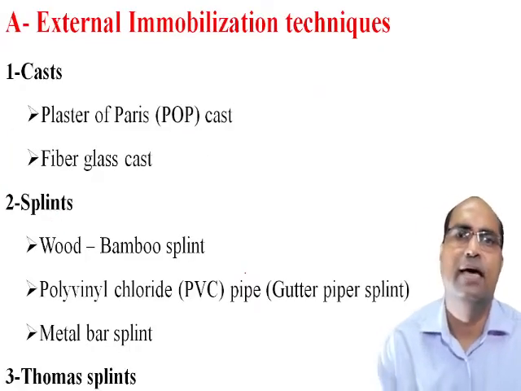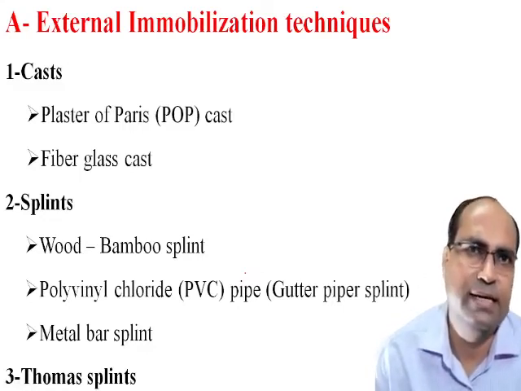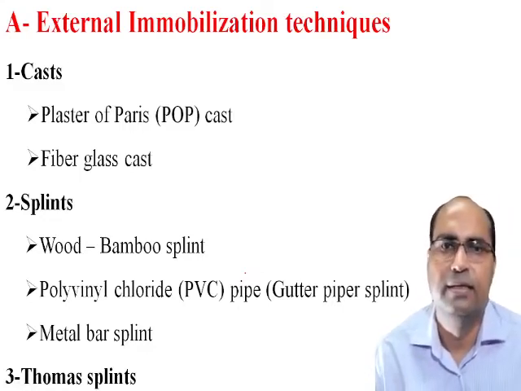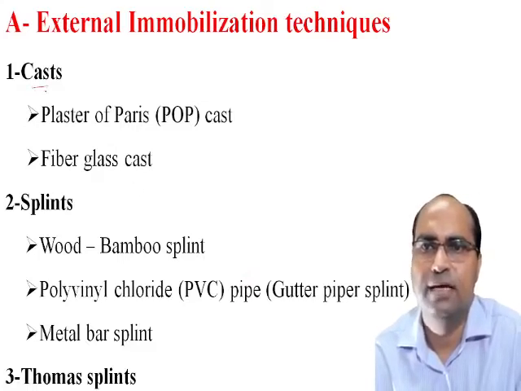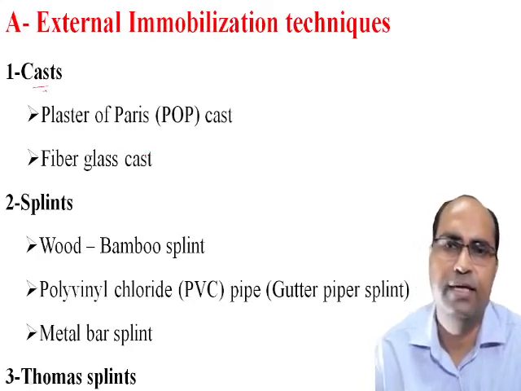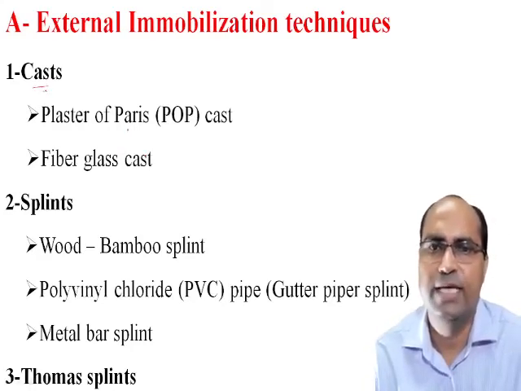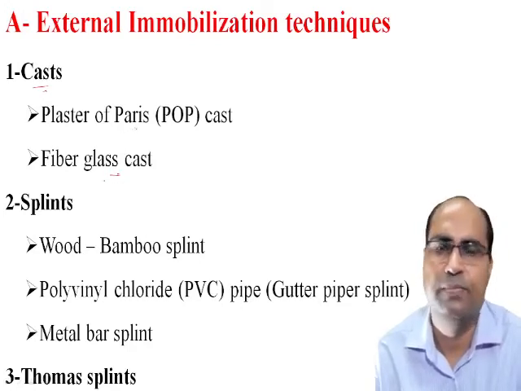So first is external immobilization technique. The external immobilization techniques include, first, cast. 2 types of cast are used in veterinary practice: the Plaster of Paris cast and the Fiberglass cast.